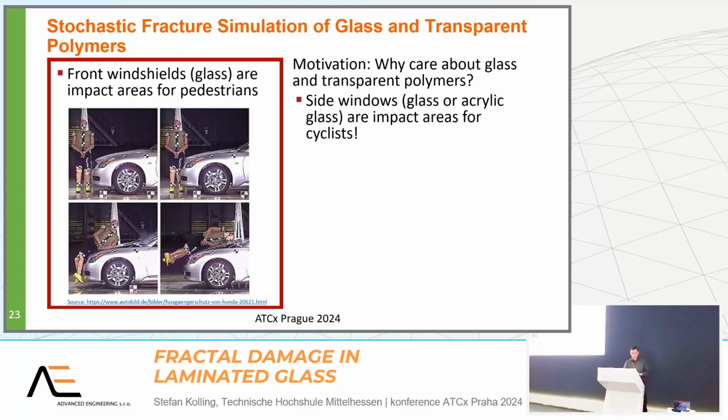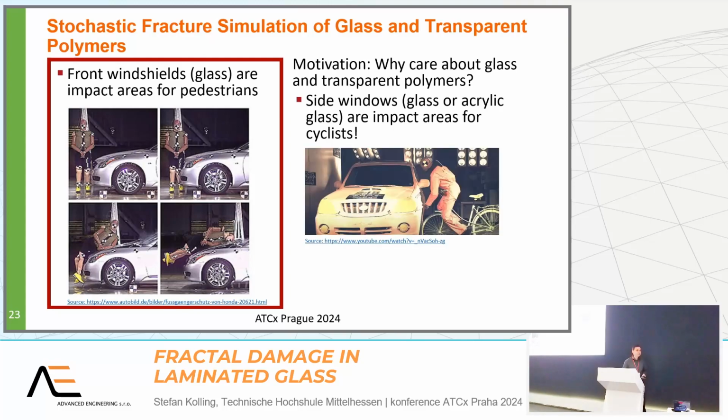So side windows and head impact on side windows, yes, it's possible. For example, a bike cyclist hits the car from the side and the head hits the side window.